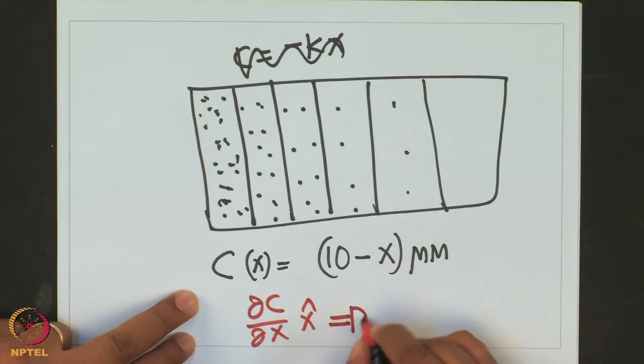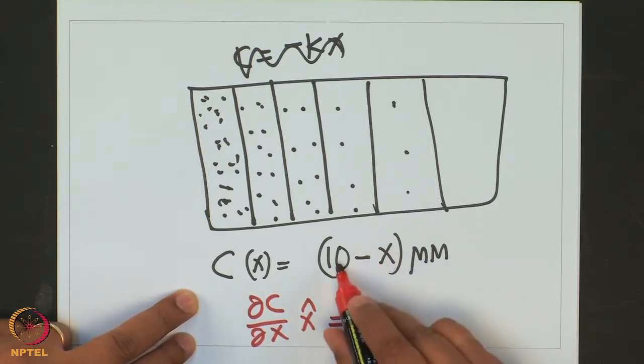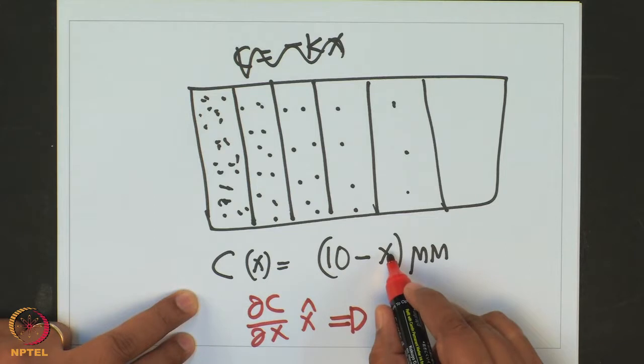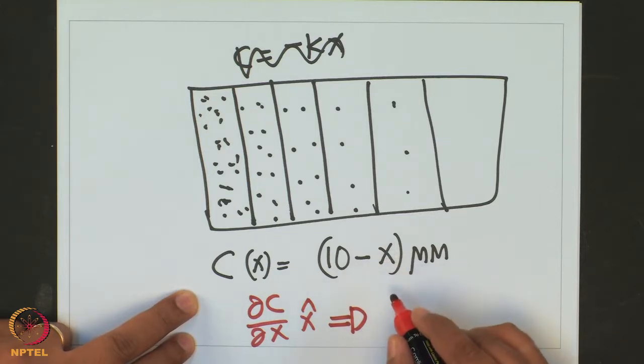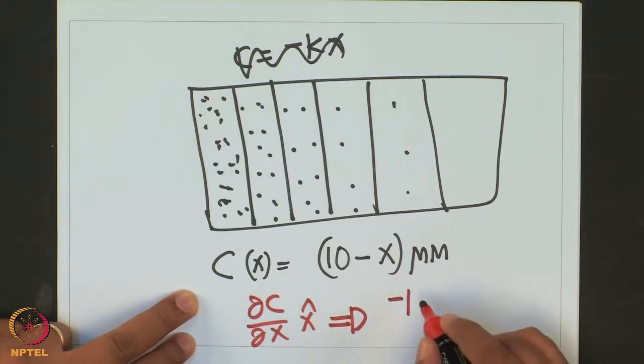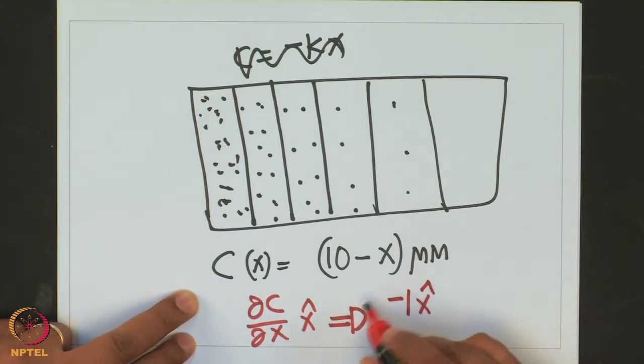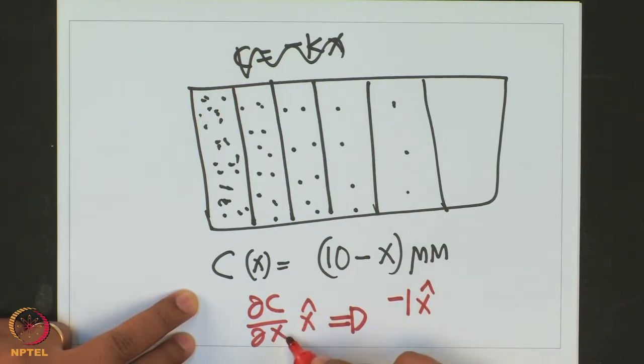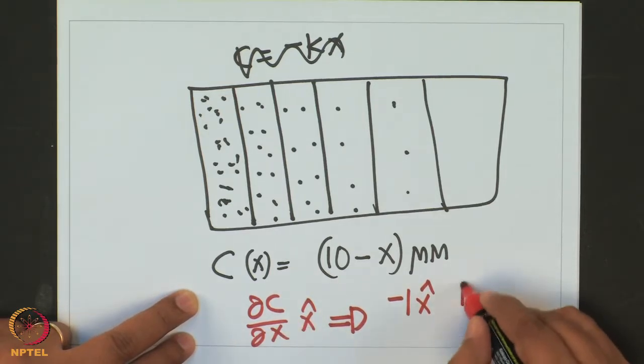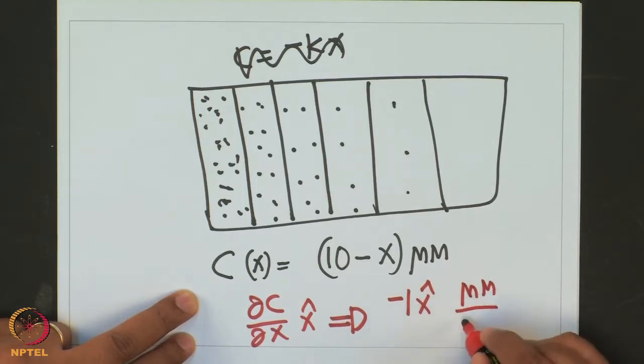In this case, the derivative of 10 is 0, and the derivative of x is minus 1, so the answer is going to be minus 1 x cap. And the unit of del c by del x would be micromolar per, let us say, micrometer.